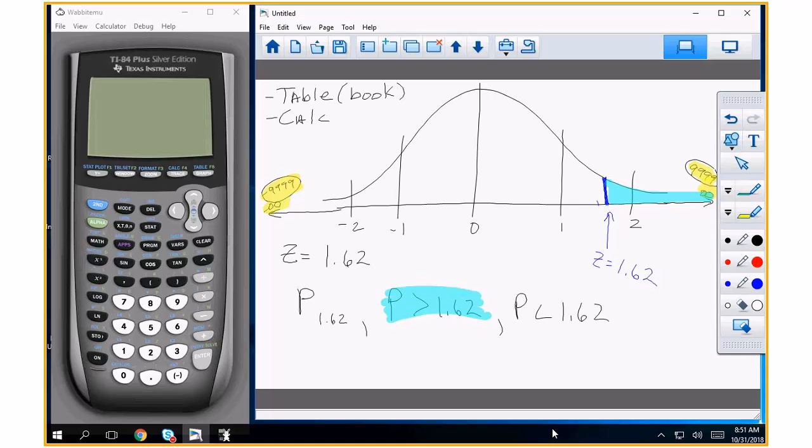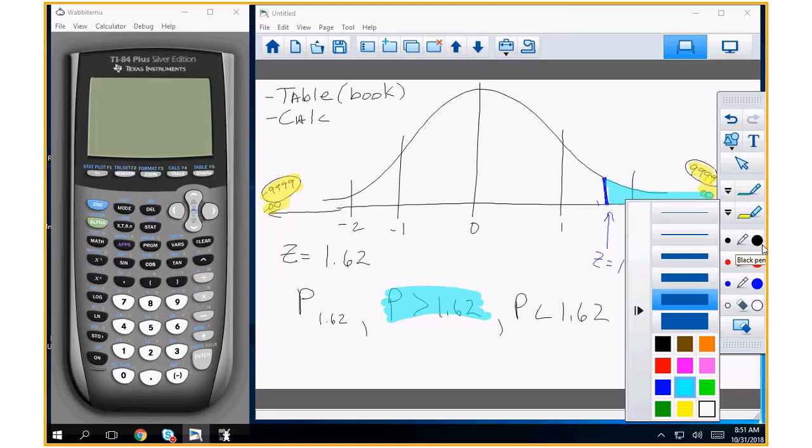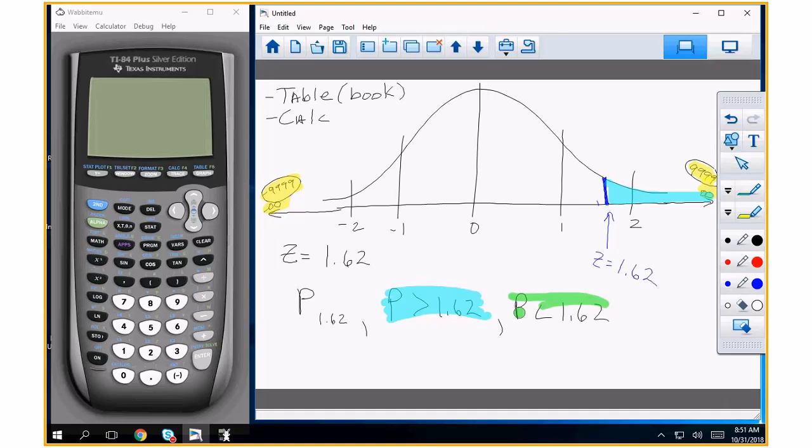And I'll take our other handy dandy highlighter and we'll color it verde. And what would be less than? Okay, now you might need your calculator for this. What would be less than? What side would be less than? The left. The left. Now, let's go to our handy dandy.